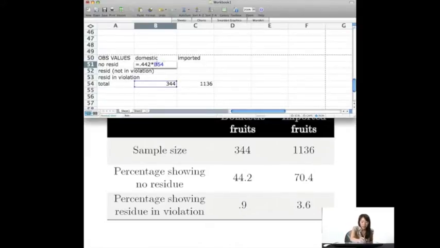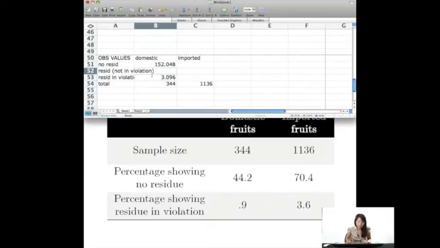And here, I want to lock down that row. Now, residue in violation, what I have to do is change this percentage. So the percentage is 0.9%. So that's 0.009, right? Because that's what we would read as 0.9%.